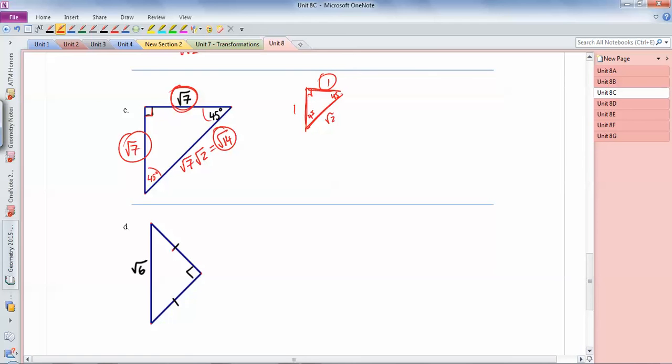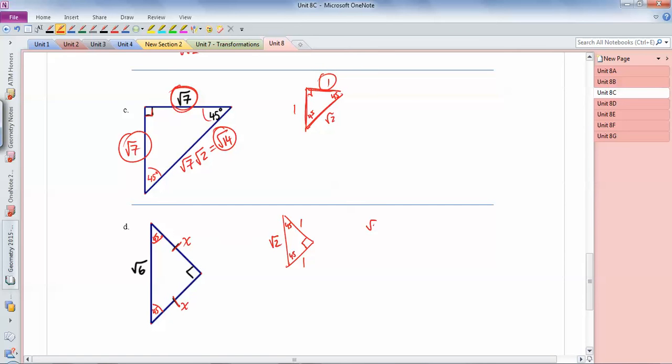Okay? And the last one here, well, it's isosceles and it's a right triangle, so we know these angles are the same. And if you figure out what they have to be, you end up with 45 and 45. So we got another 45, 45, 90. So let me draw my basic 45, 45, 90 triangle here. The two congruent sides are 1, 1, and then the hypotenuse is root 2. Now notice the root 2 goes with the root 6 here. Okay, so let me call these sides x.